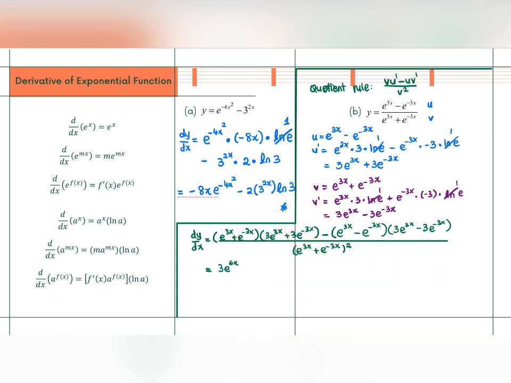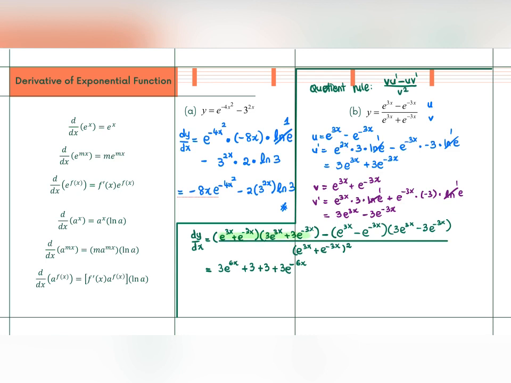So maksudnya kita akan dapat 3 sahaja. So plus 3. Okay, tadi ini darab dengan ini darab dengan ini, kan? So next adalah this one darabkan dengan this one. Sama juga. Kita akan dapat plus 3. And last kali kita akan dapat plus 3e of negative 6x. Okay, so ini baru first expansion.